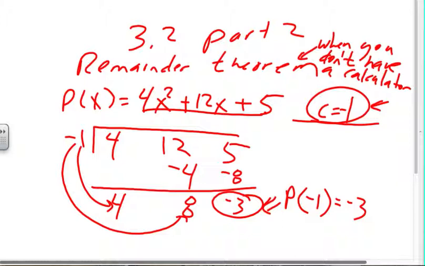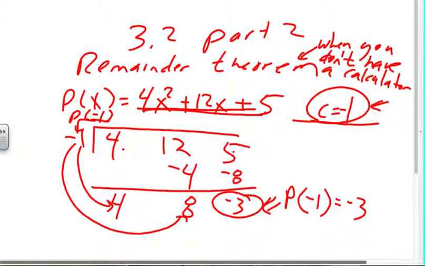You're looking for it at an x value of -1. So you could also write this as p of -1. So if you see that, that is the number you put out here. You put these coefficients here, and you do synthetic division, and your remainder is the value of the function.